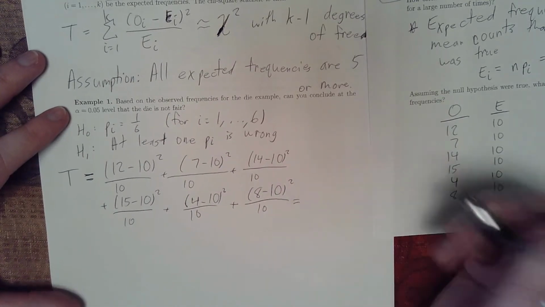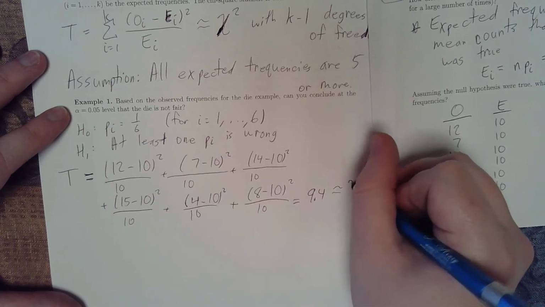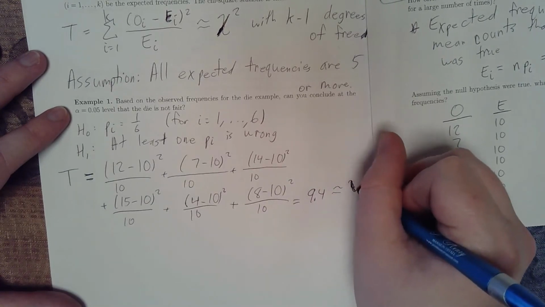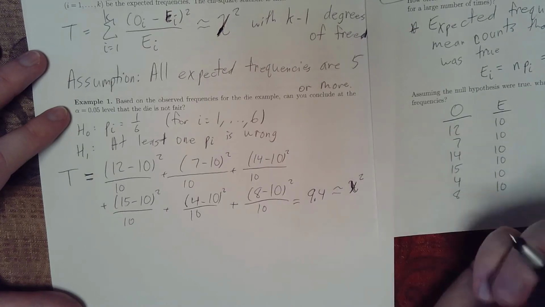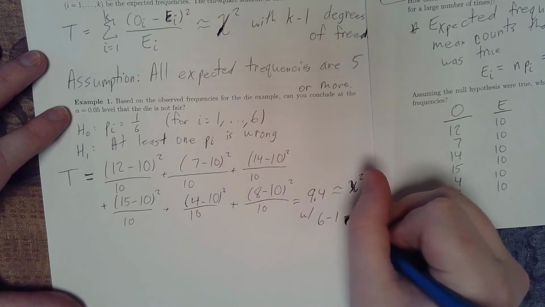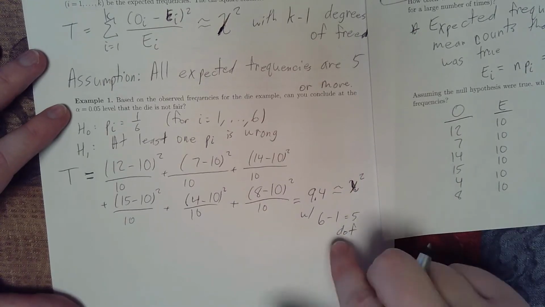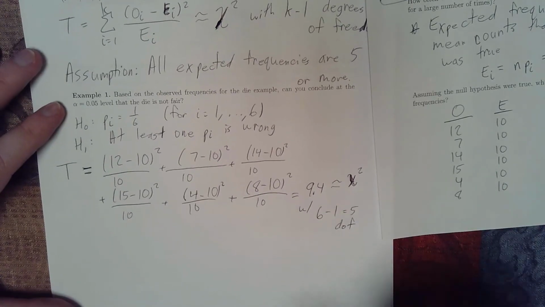When we do all of this, we should get 9.4, and this will be our chi-squared value that we're looking at, with 6 minus 1, so 5 degrees of freedom. Remember that DOF is just degrees of freedom.